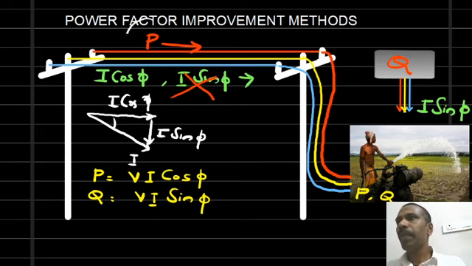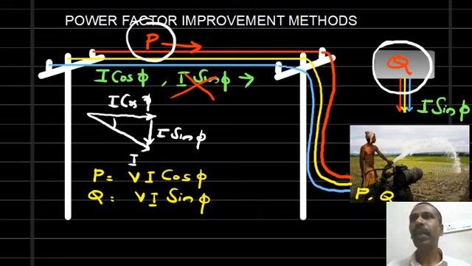So active power is transmitted through the transmission and distribution lines, and the reactive power is supplied locally using some methods. So now the transmission line is relieved of certain current. Now it need not carry the I sin phi component of the current.